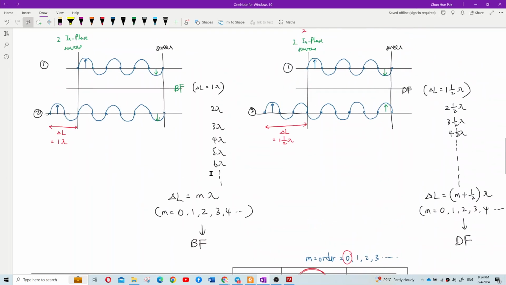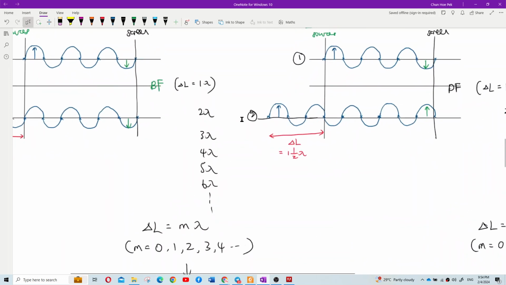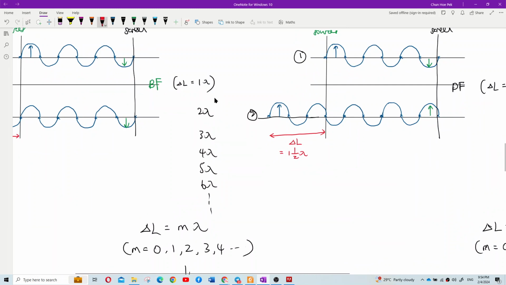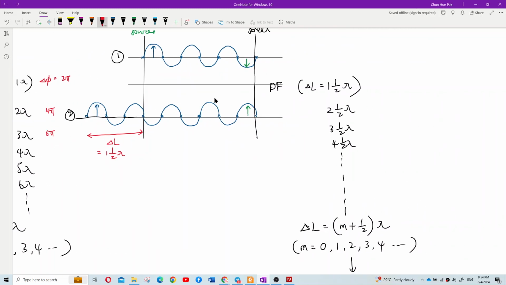Kalau contoh lah ya, 1 lambda delta L, kalau nak tengok delta phi juga, dia consider 1 lambda is kira 2 pi radian. 2 lambda is considered 4 pi, isn't it, class? 3 lambda is 6 pi.